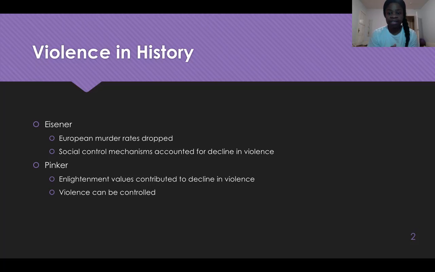We start off with Eisner, and Eisner really focuses on European murder rates and how they have dropped. Eisner's examination of European murder rates showed a drop from a high average of 32 per 100,000 in the 13th and 14th centuries to 3.2, 2.6, and 1.4 per 100,000 in the subsequent centuries, down to 1911.